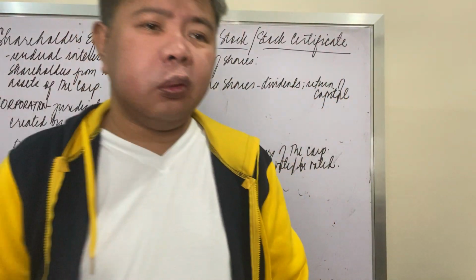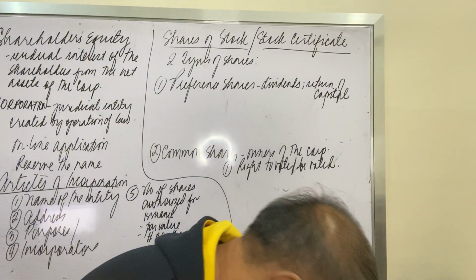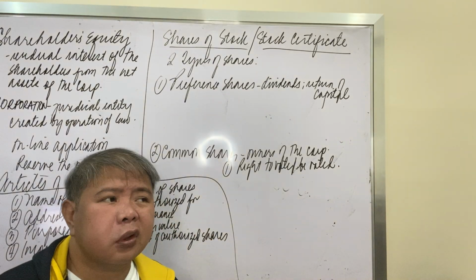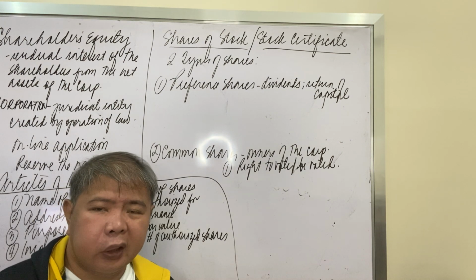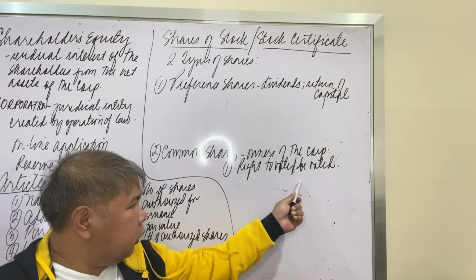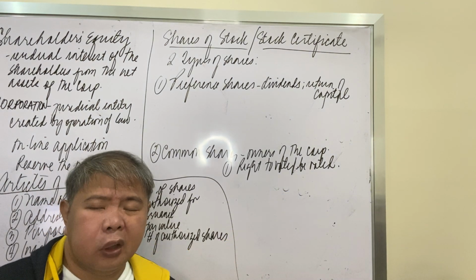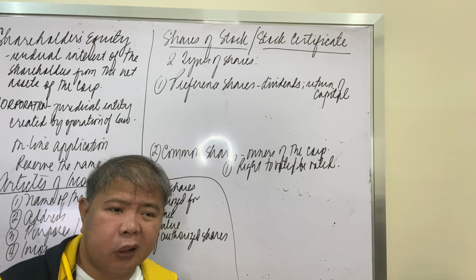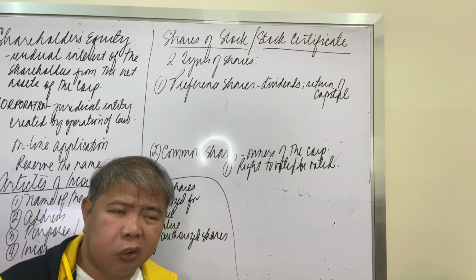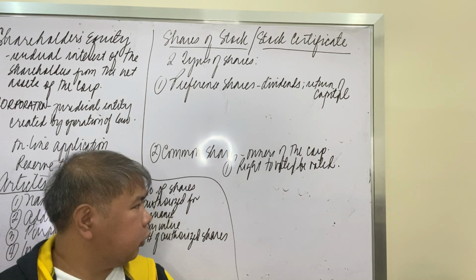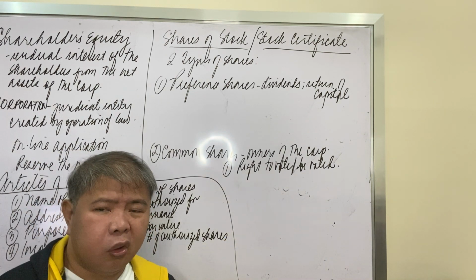Because you're a common shareholder, you are one of the owners of the company, so you have the right to be voted as a member of the board of directors. And eventually, if you get the numbers, then you become the president of the company. And the right to vote: you can participate in corporate affairs like voting of shareholders or voting of the board of directors.